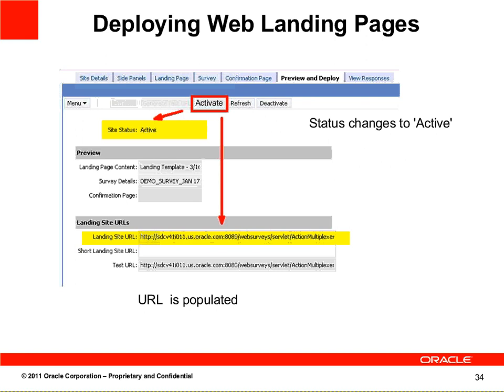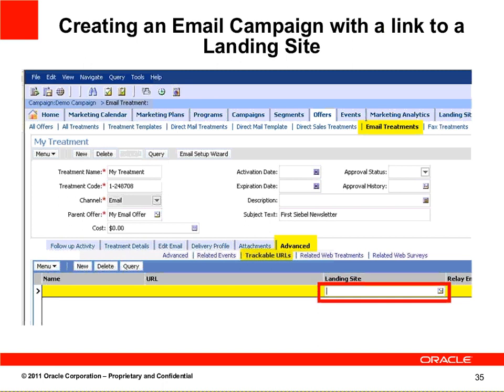Now, that's the first part. We have created a landing page. We have created a survey that has been attached to the landing page. Now, how to use that landing page as part of the marketing campaign? Well, there are two main ways in which you can use a landing page.